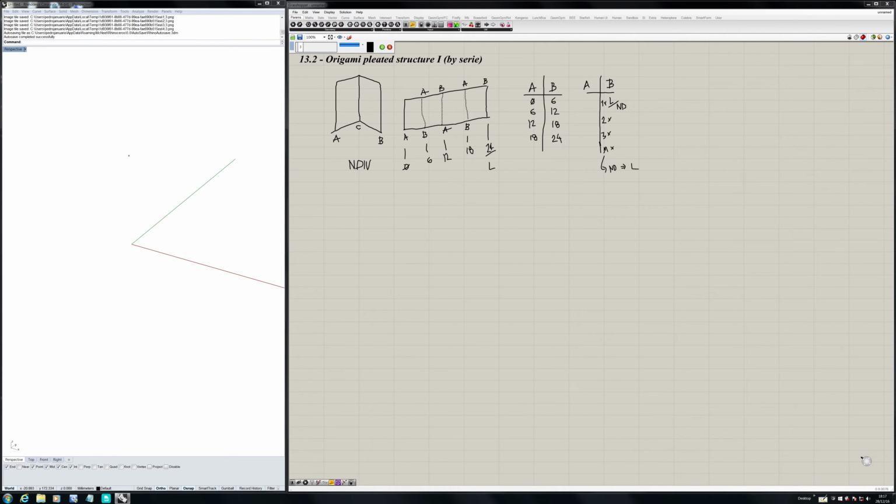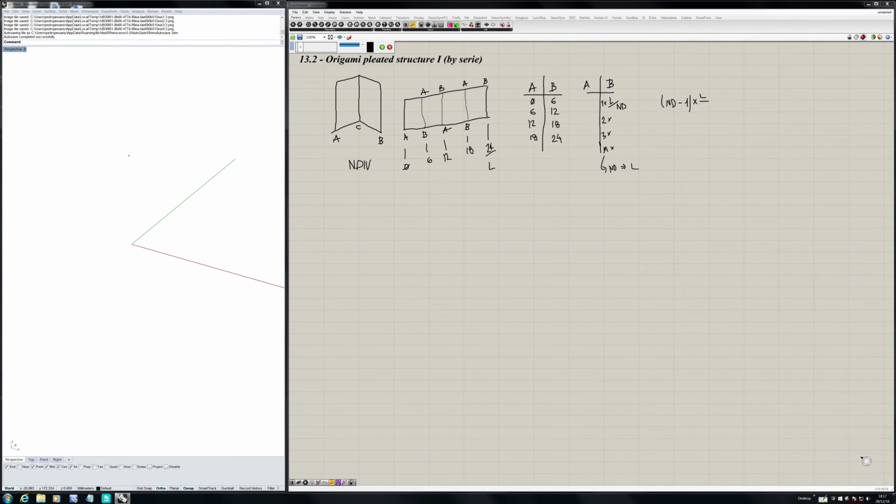Now, A for the other end is always going to be the number of divisions minus 1, multiplying L by the number of divisions.